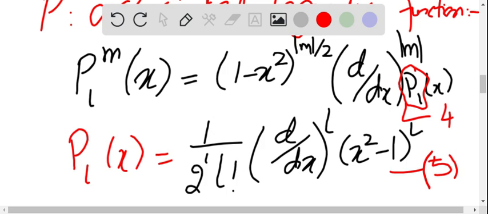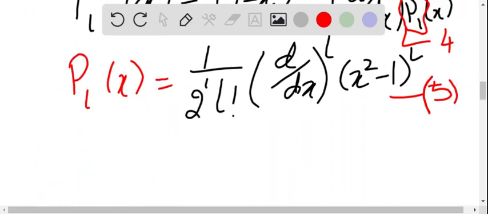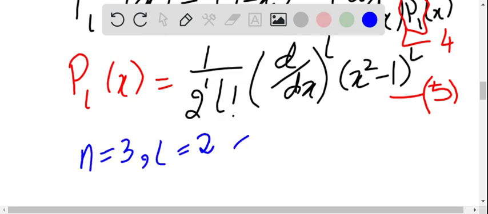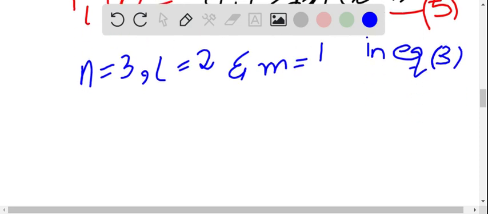Now as you can see over here, we have all the variables and their equations, and now we just need to plug in the given information, that is n is equal to 3, l is equal to 2, and m is equal to 1 in equation 3, right? We'll start solving our equation from there.